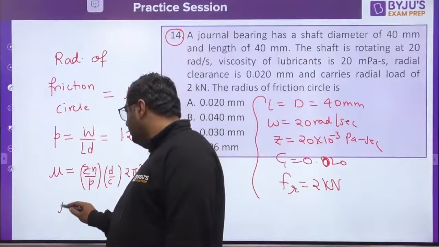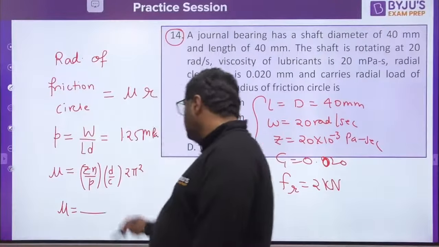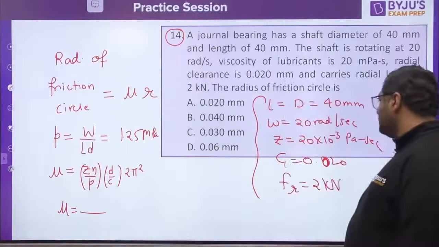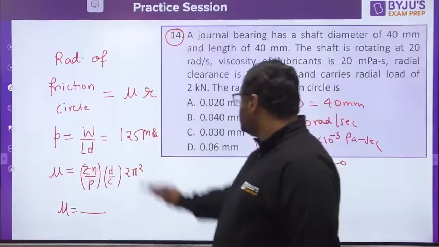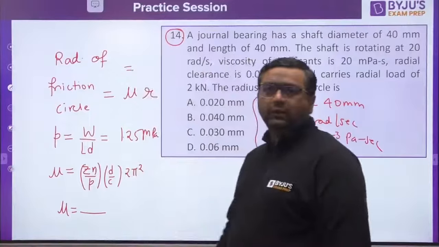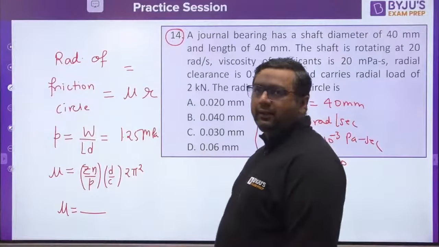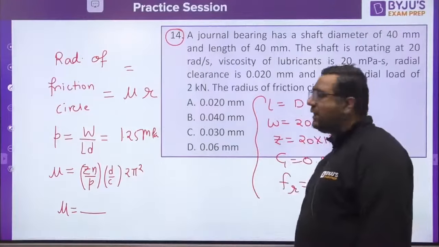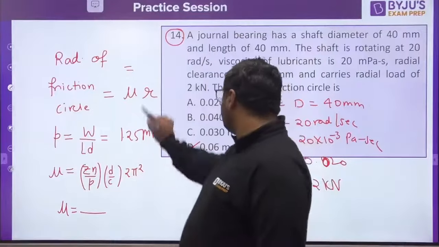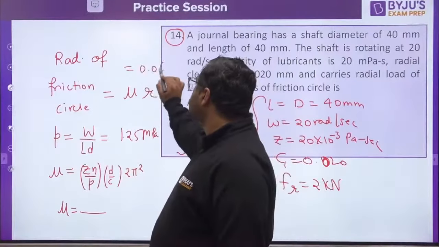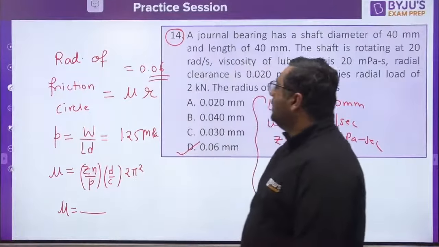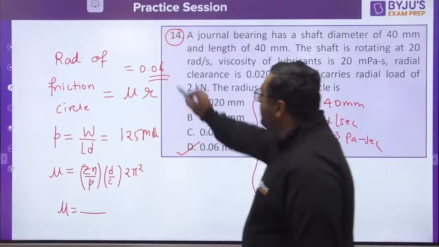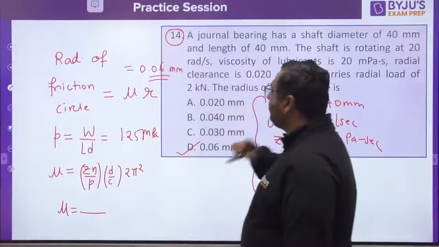This will give you mu, and mu times r is our answer. So it would be coming out to be, dear Rohan, you are wrong. Captain Raj is correct. Answer would be 0.06. Okay, 0.06 mm would be the answer.